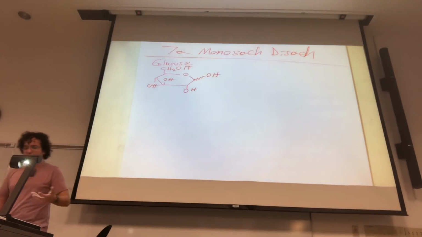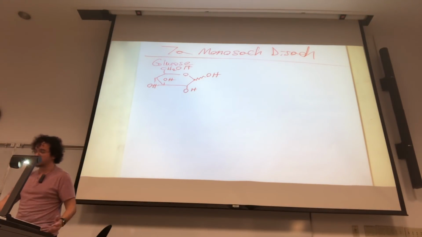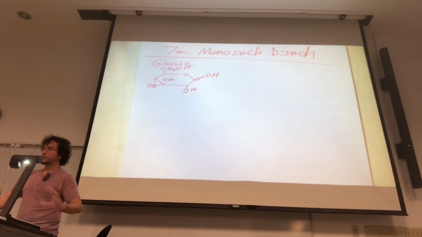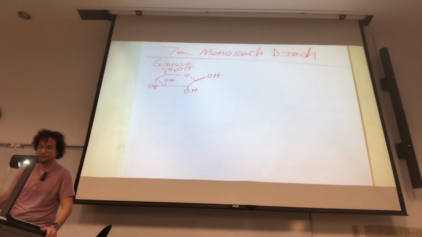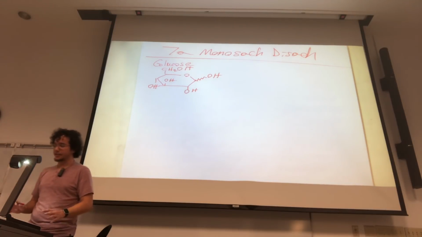So, monosaccharides are simple sugars. The most simple one and the most universally studied one is glucose because it's the most important one to us. Its structure is pretty easy.